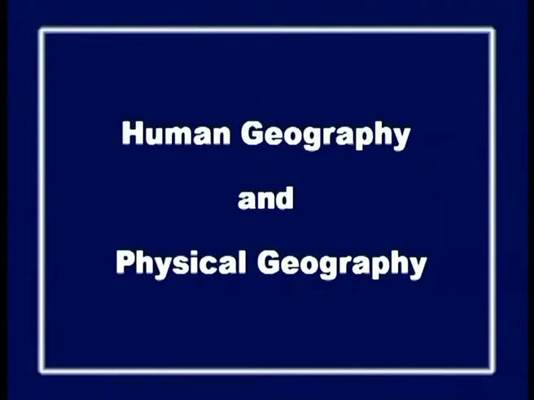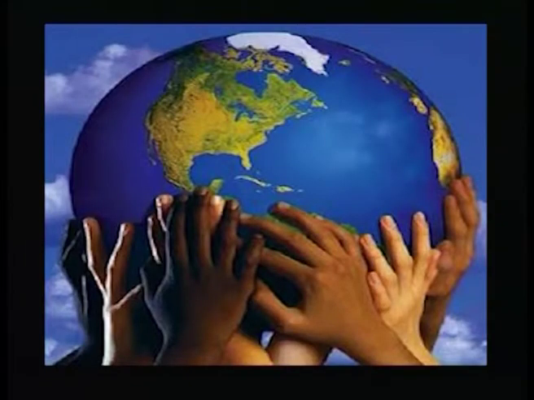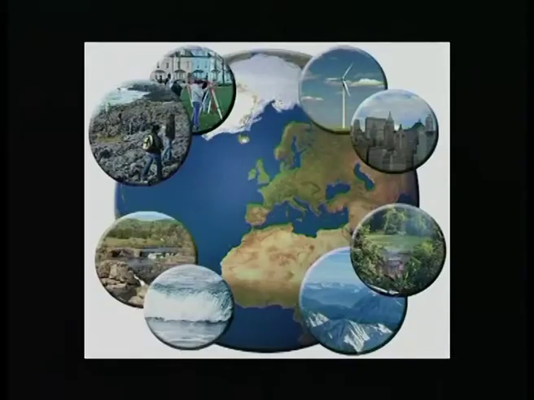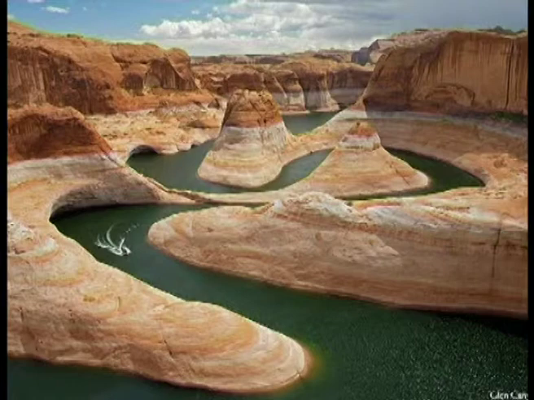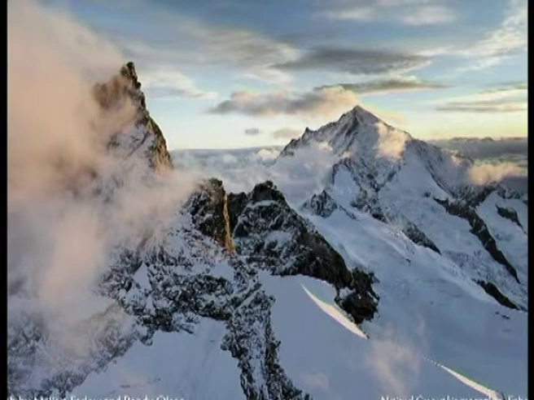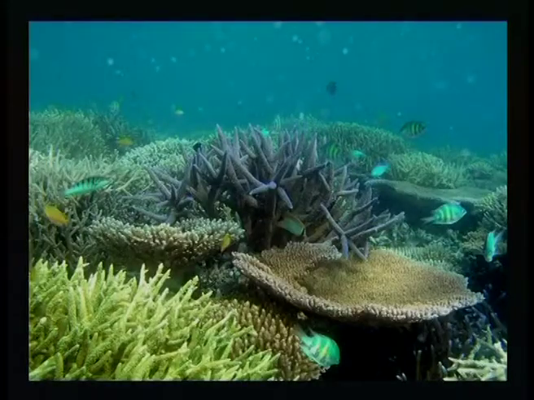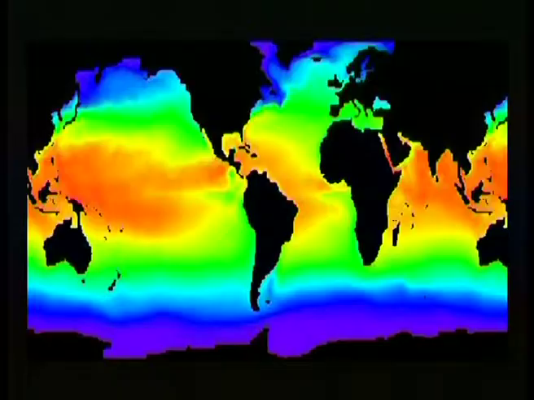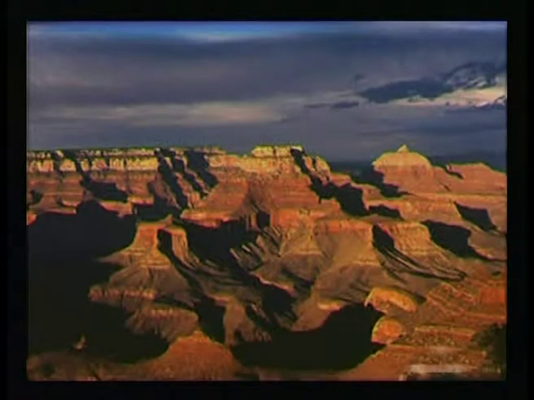In systematic geography, geography is divided into human and physical geography, where human geography examines economic, social, and behavioral processes, whereas physical geography examines natural processes and is generally composed of biogeography, climatology, and geomorphology.